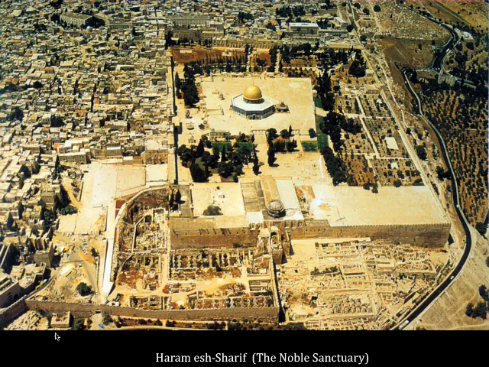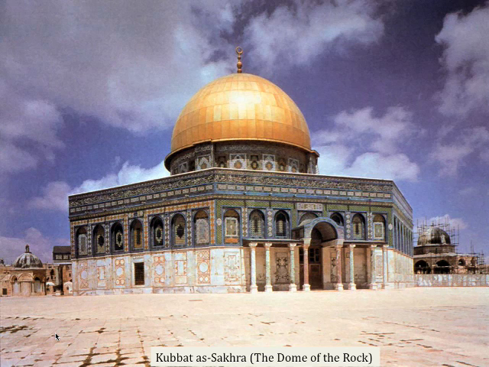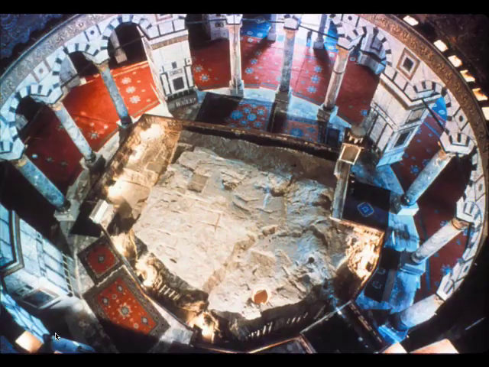And then he inaugurated construction of this octagonal shrine topped with a dome immediately over the rock that was identified as the centerpiece of the site. And that is the structure which still stands there today, Qubat as-Sakra, the Dome of the Rock, which was dedicated in the year 691, the latter part of the 7th century.